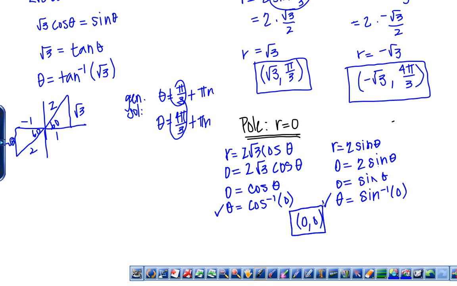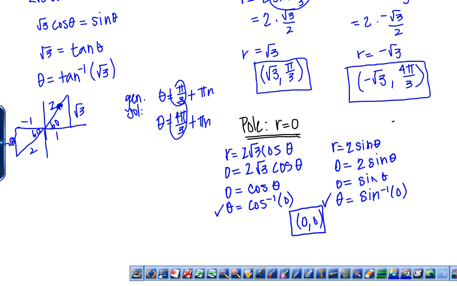Now, on the previous problem, I talked about these 2 points, and I wanted to show you on this one. If you were to graph root 3 and pi over 3, it's probably about right here.